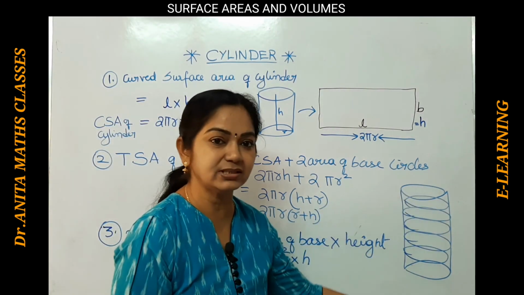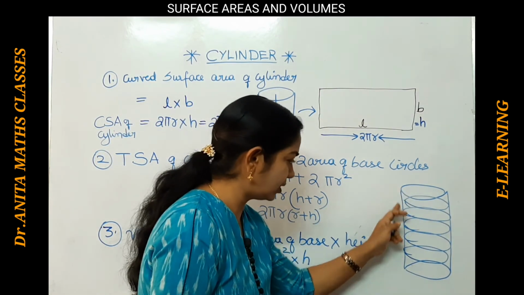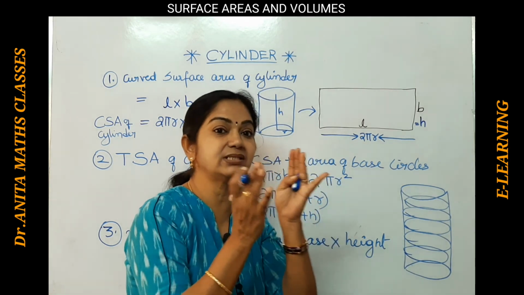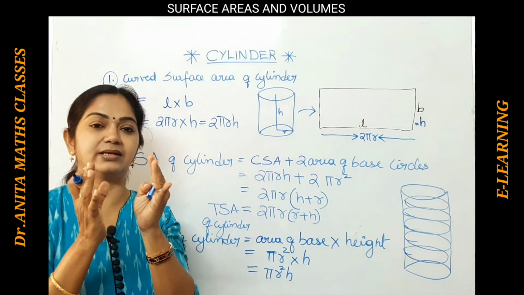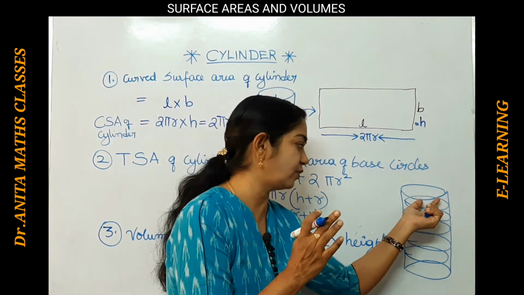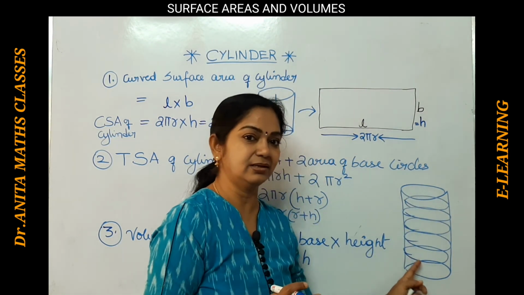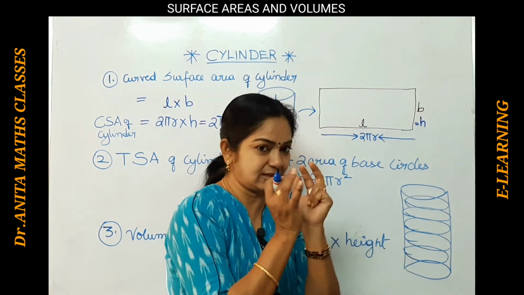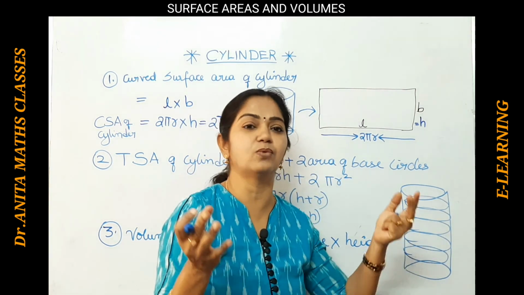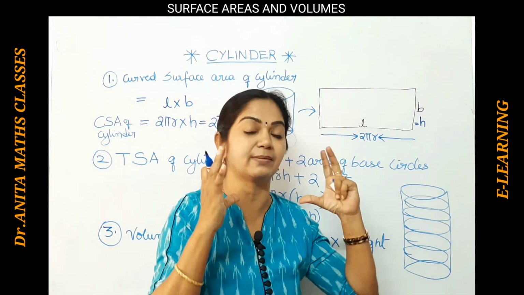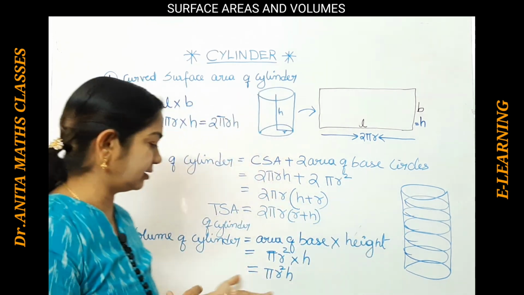All this is the height, and that is how much it is containing. If you take the volume of one disc and the volume of the complete thing, n discs will be placed here. So that is nothing but the volume. Or else you can take the water tank example also. The capacity of water it contains is nothing but the volume.